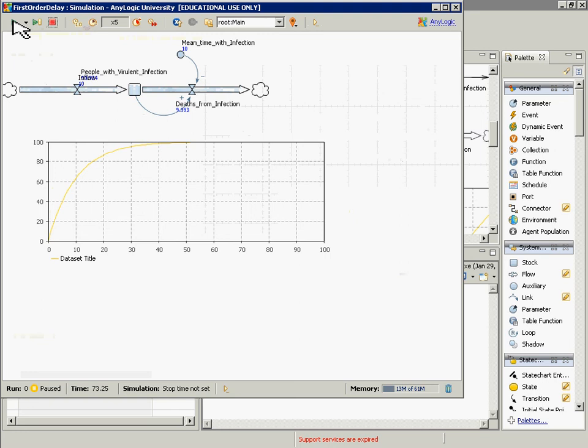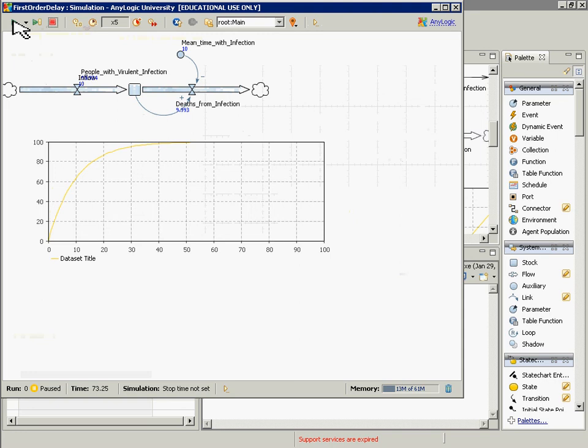Why is it plateauing out? I mean, why is it that it rises slower and slower and slower? It's because the what? As the stock rises, the outflow also rises. As long as the inflow is greater than the outflow, the stock's value will go up.